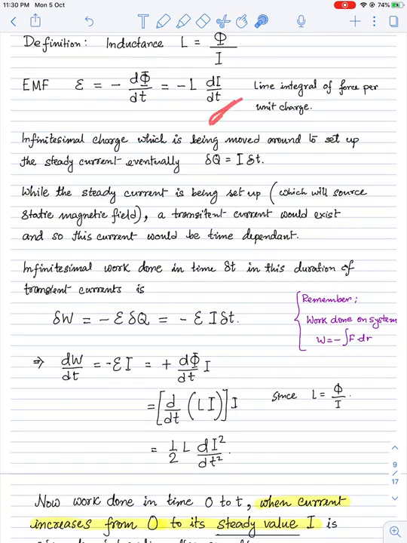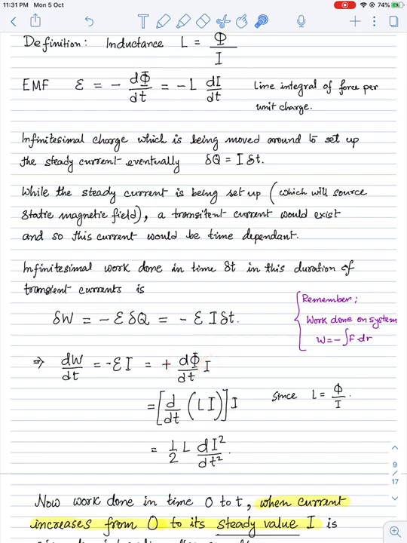Again, we know that this EMF exists during the process when the steady current is being set up; once the steady current is set up, this dI dt is 0. But we are talking about the process in which the steady current is being set up. So we plug in the expression for the EMF.